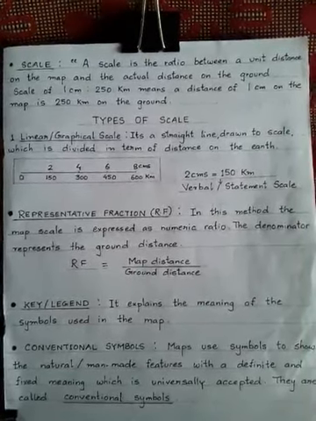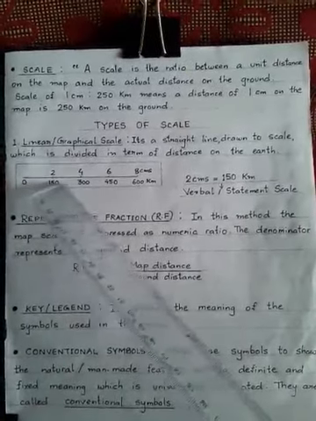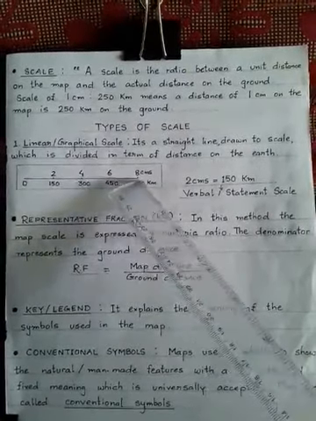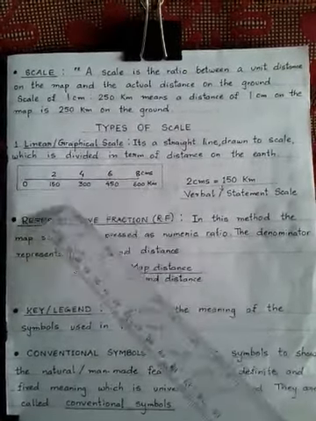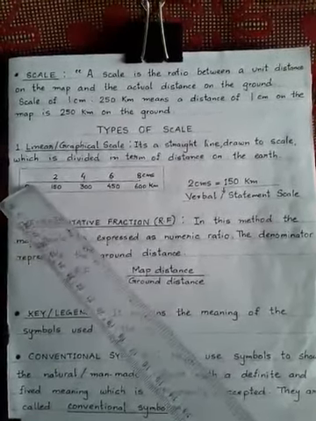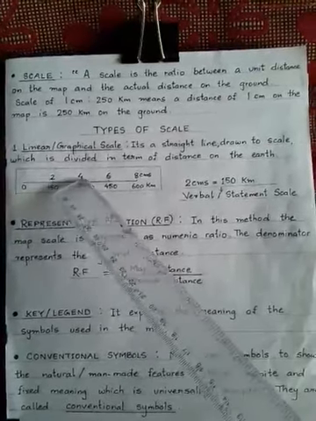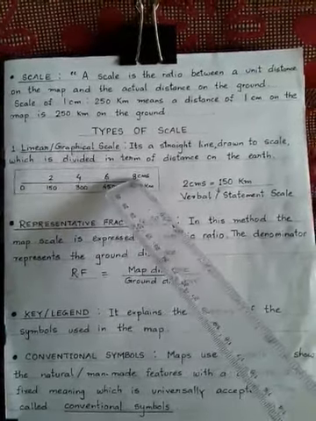What is linear graphical scale? You can see it's a straight line that is drawn to a scale and that is divided in terms of distance on the earth. Now see the scale. On the map, we are showing it as 2 centimeters, 4 centimeters, 6 centimeters, 8 centimeters.